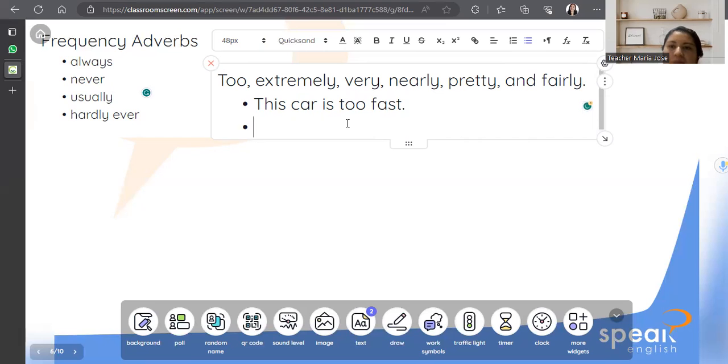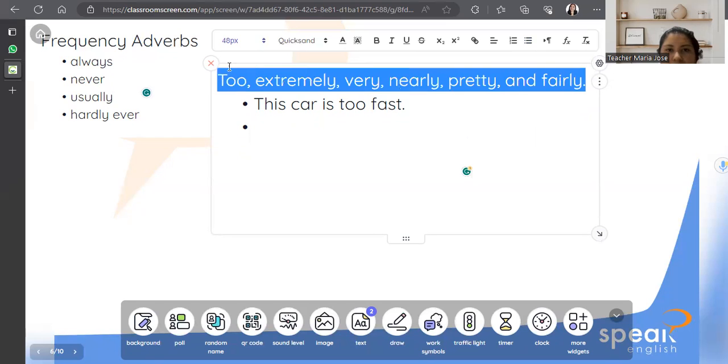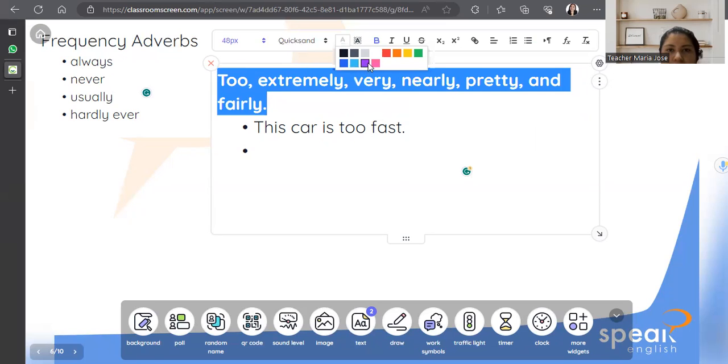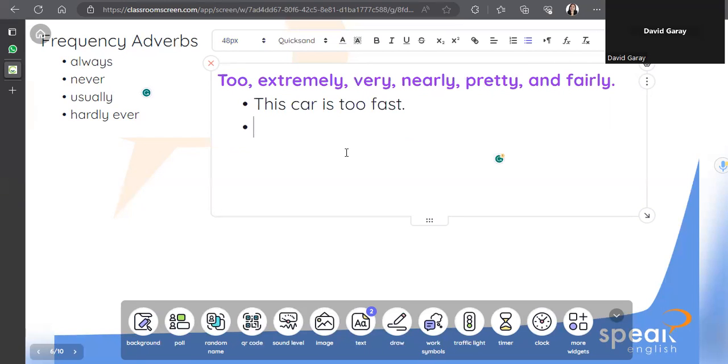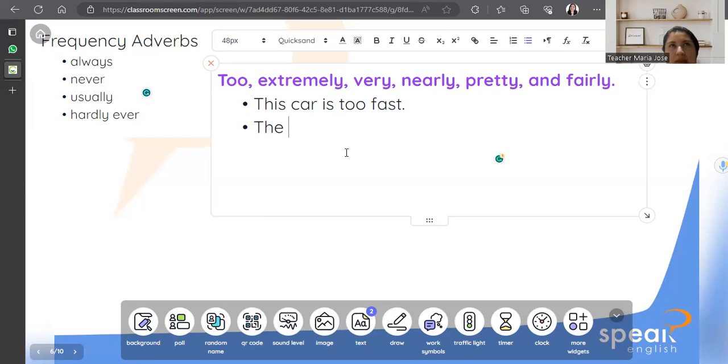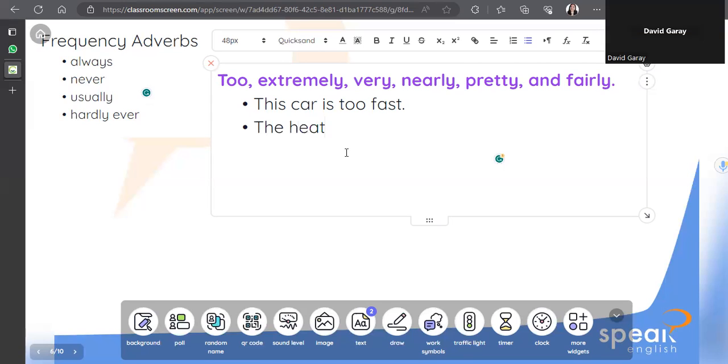David, extremely. The, how do you say calor? The heat. Heat is extremely.